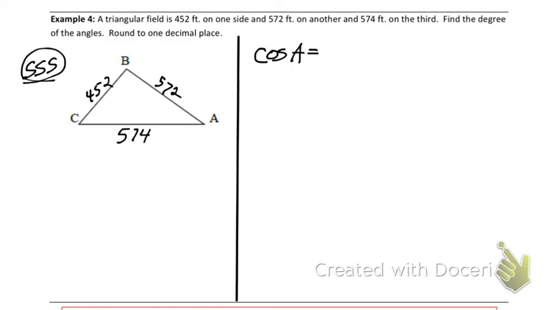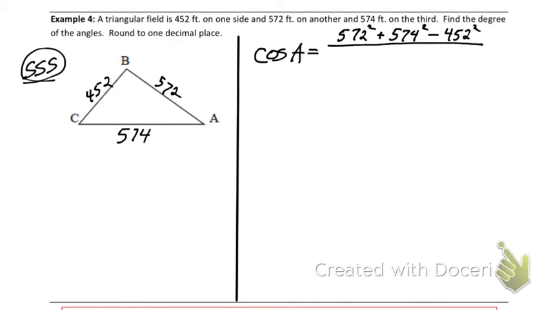So we're going to take the other 2 sides and square them. So we're going to have 572 squared plus the 574 squared. And now we're going to subtract away that one that's opposite angle A. So that's our 452 squared.